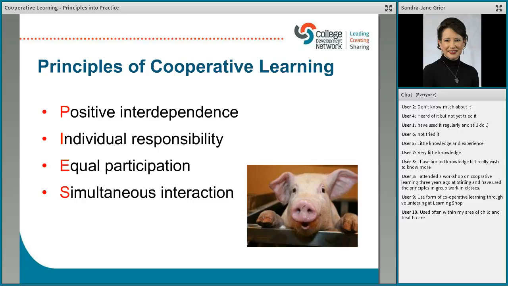Robert Slavin at Johns Hopkins University examined cooperative learning studies, and his research found that when individual accountability was combined with positive interdependence, it raised achievement and attainment in almost every instance. If individual accountability was not present, the results were mixed, and there were often no positive results or any impact on student achievement.